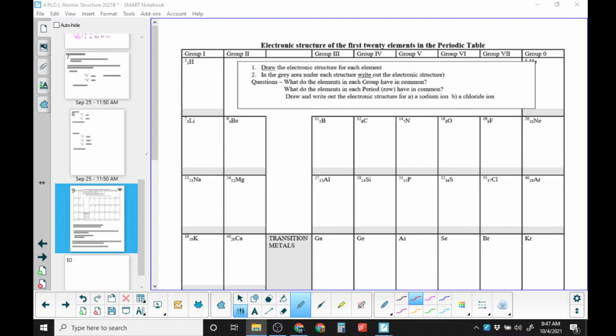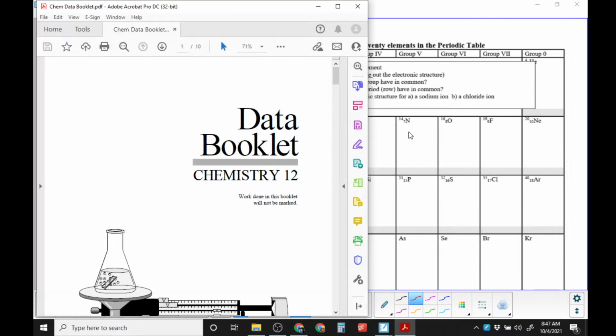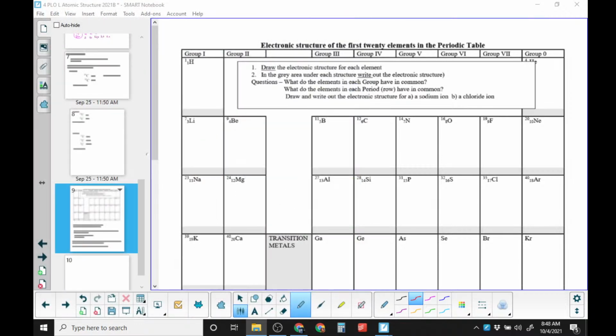There we go. That's the chemistry 12 one.